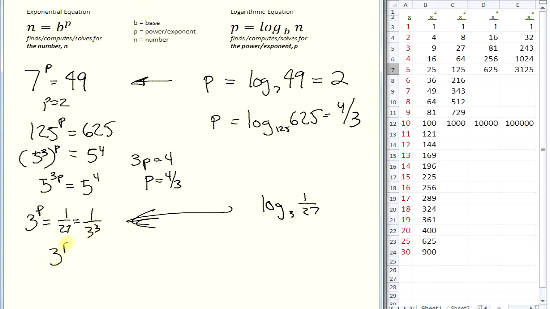Therefore, 3 to the p, now having 3 cubed in the denominator, could be rewritten as 3 to the negative 3. Now I have to realize I'm working with negative exponents. 3's are the same. That means my exponents must be the same. Therefore, p equals negative 3, and that's why I get the answer of negative 3.